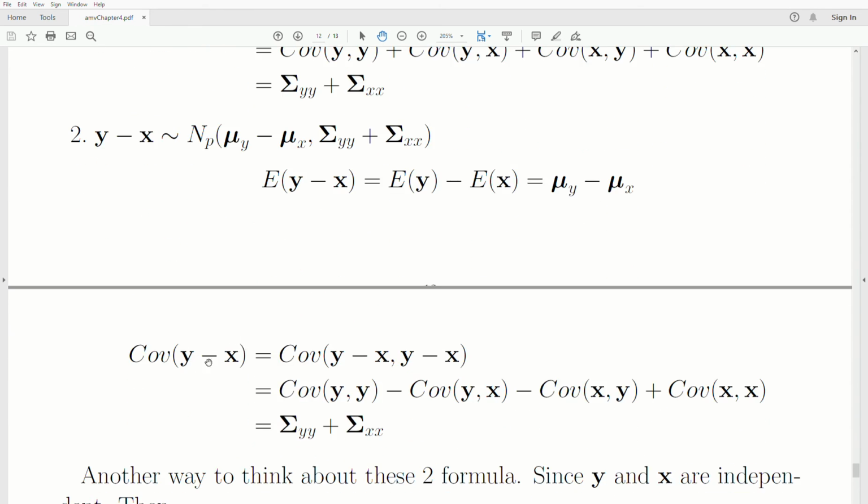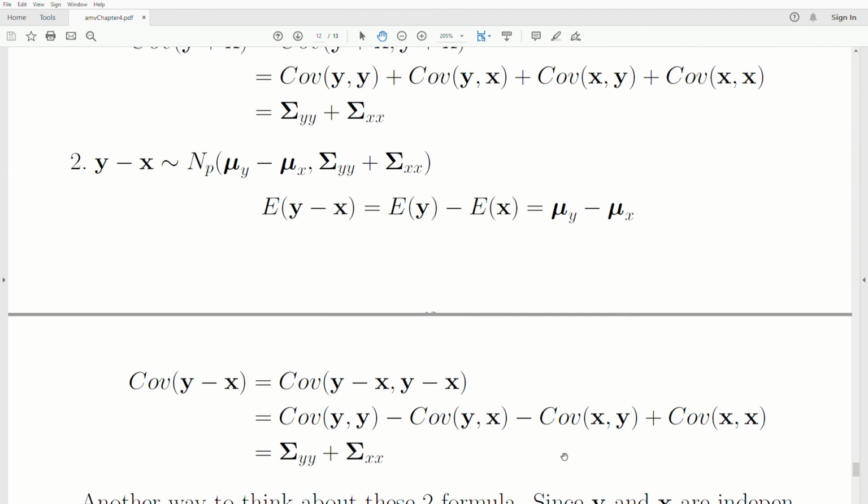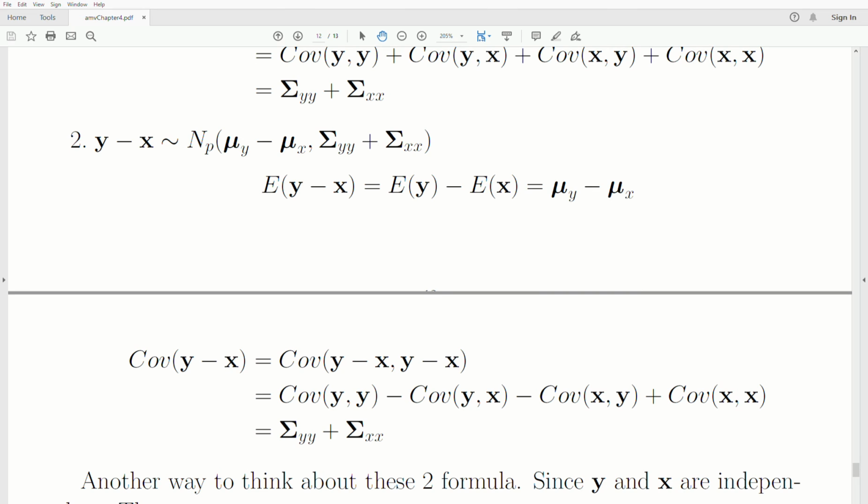Now the covariance of y minus x, remember you make 2 copies, then you take the covariance of y and y, covariance of y and x. Now remember the minus, covariance of y minus x, that's where that minus is, and then minus covariance of x and y, and then plus the covariance of x and x. These are independent, so they're 0, and we're just left with the addition of the covariance matrices.